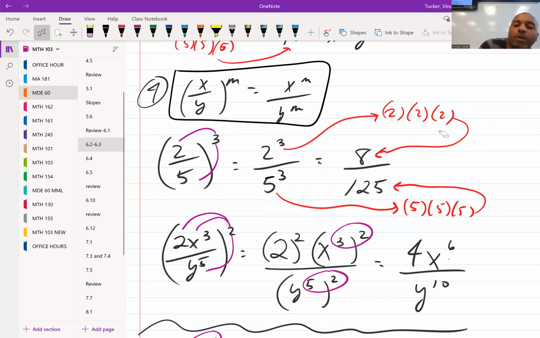Two squared is 4, x to the third power squared is x to the 6th, multiply your exponents. And y to the 5th squared is y to the 10th, once again, multiplying your exponents.